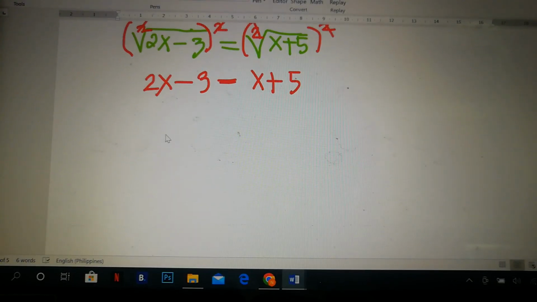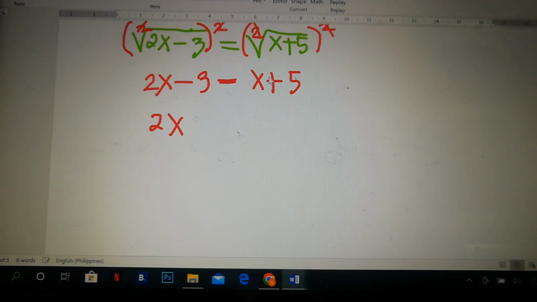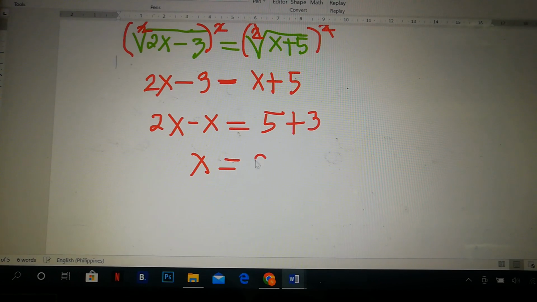So we transpose the x to the other side, that becomes 2x minus x is equal to 5. You transpose the negative 3 to the other side of the equation, that becomes plus 3. So x now is equal to 8.